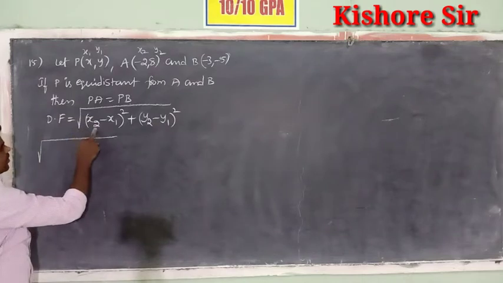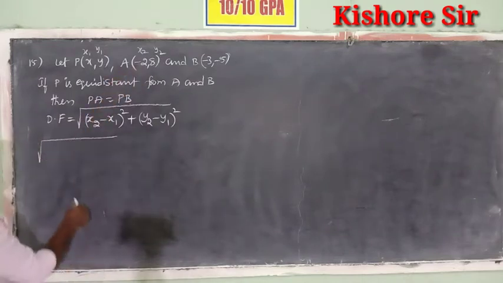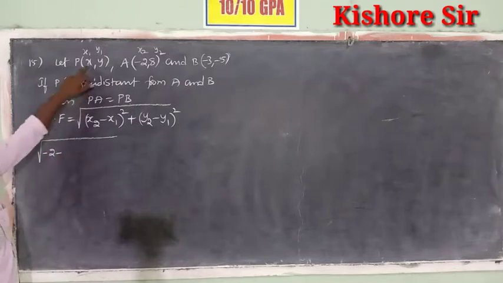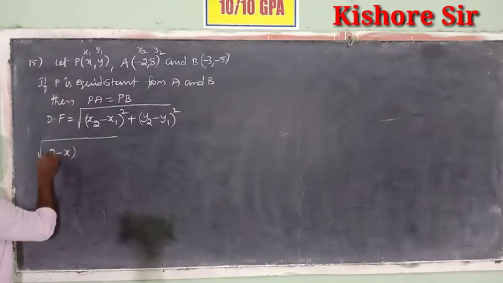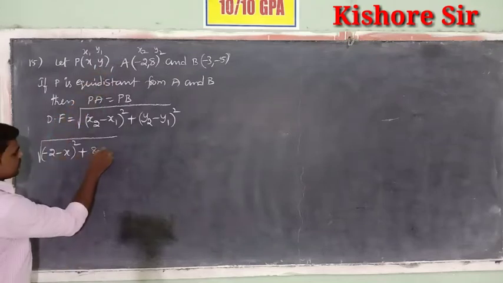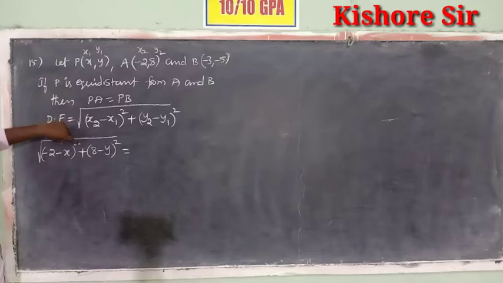So square root of x2 minus x1. The value of x2 is -2. So (-2 minus x) whole square plus (8 minus y) whole square, that is the distance between P and A.